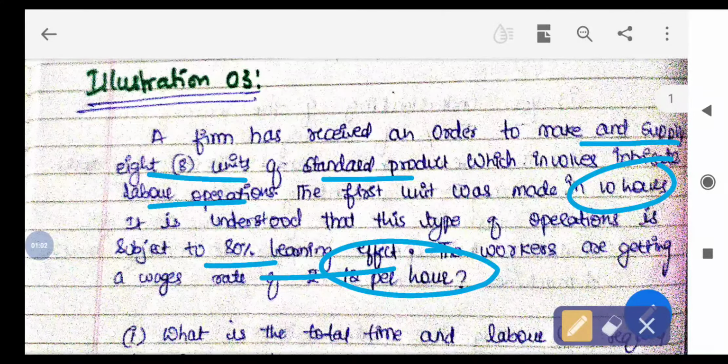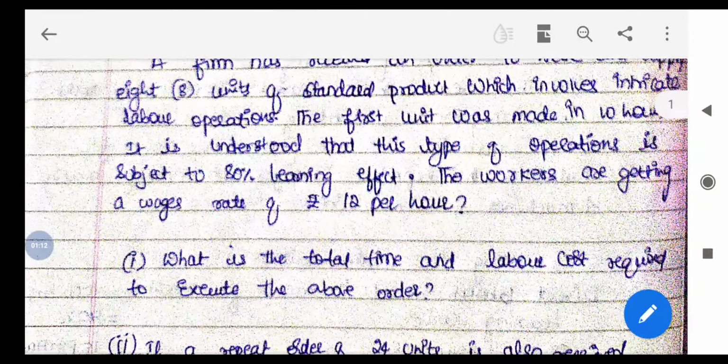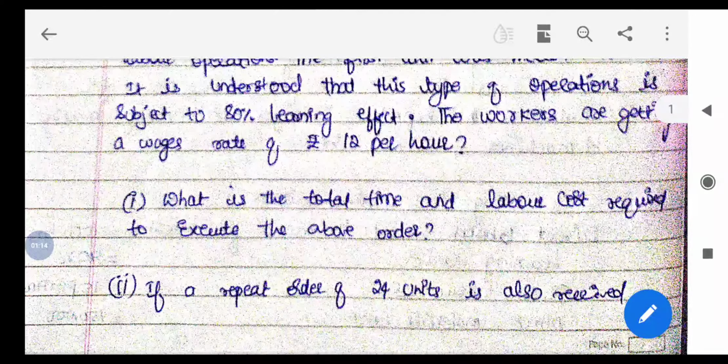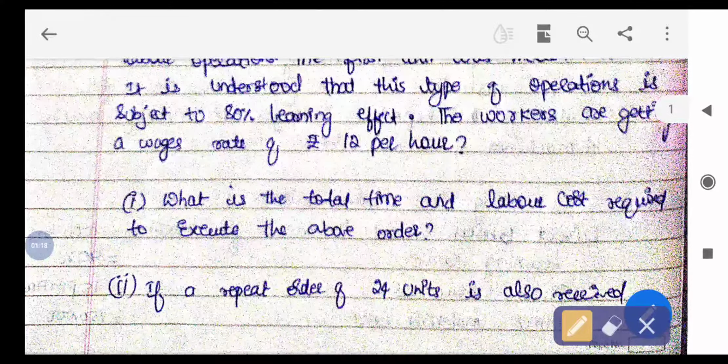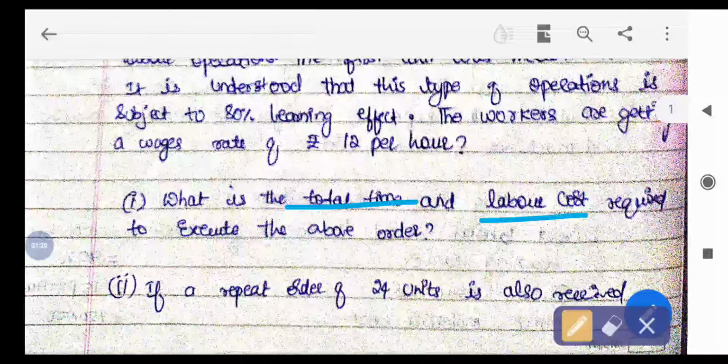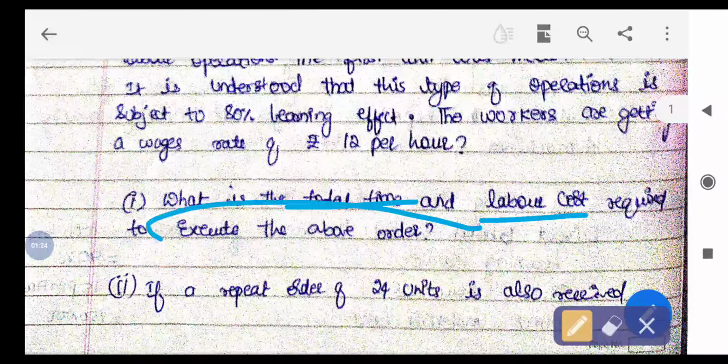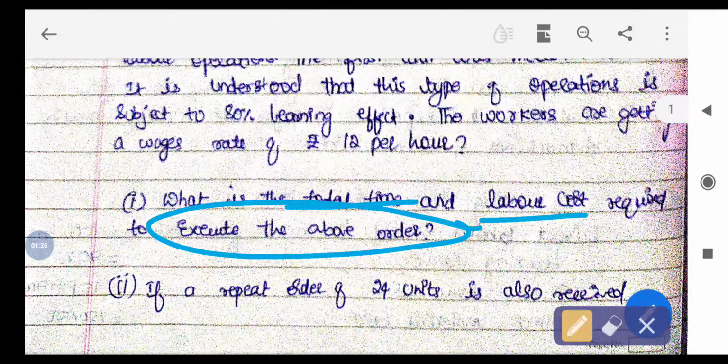So here they have given information about the average time, the learning rate, the first unit, and the wage rate. What we have to calculate is the total time and the labor cost required to execute the above order, that is the production of 8 units.